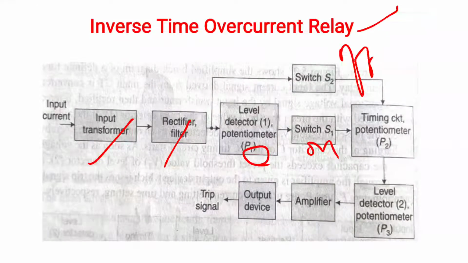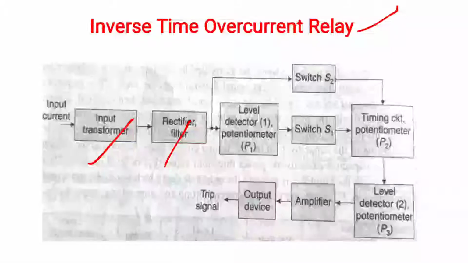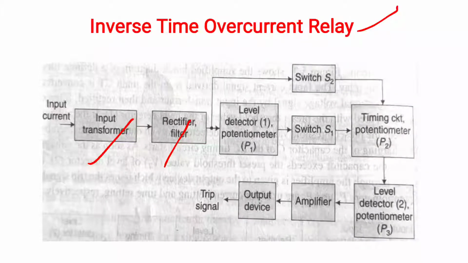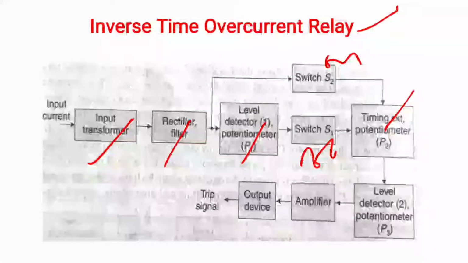As soon as the input reference voltage exceeds the preset reference voltage of the level detector 1, switch S1 is off and S2 is on, and charging of the capacitor C of the timing circuit starts from the voltage proportional to the current.